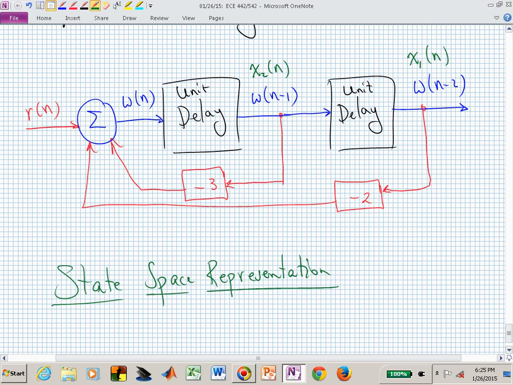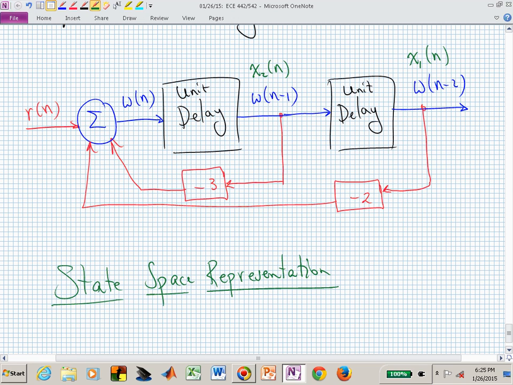And in a state space representation, I need to find equations for x sub 1 at time n plus 1. I need to find an equation for x sub 2 at time n plus 1. And I need to write those in terms of x sub 1 at n, x sub 2 of n, and the input at n, and nothing else.